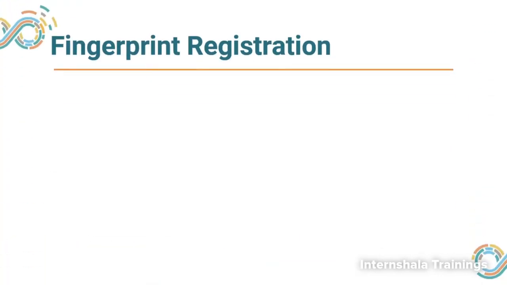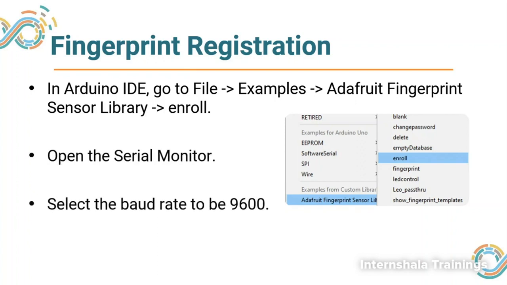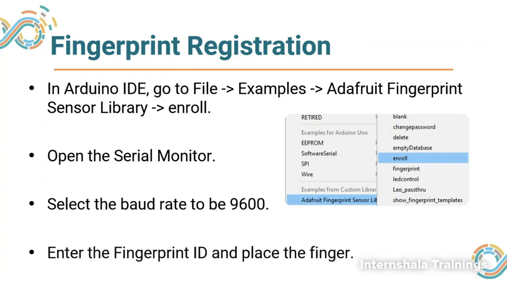Once you are done with that, before you can start scanning, you have to do your fingerprint registration. You will go to File, Examples, your company specific library, and there will be an option of enrolling. You click on enroll, and then the serial monitor will open. It will start at 9600 baud, and then you can place your finger and your scan will be recorded.